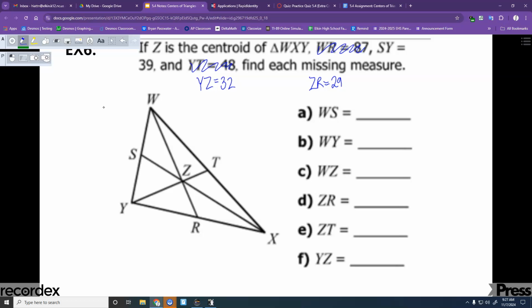So we'll still do SY is 39. So this is 39, and this is 39. Let's pretend they just gave us ZR. So just this little piece right here, that's 29. And they just gave us YZ, which is 32.